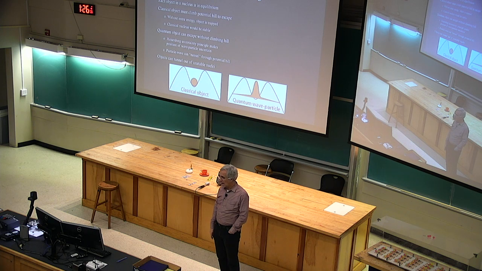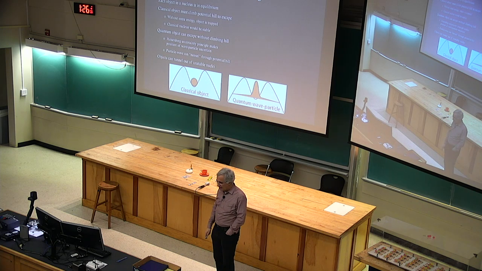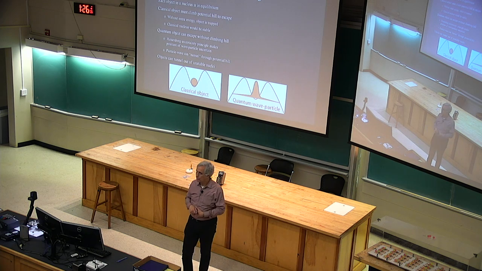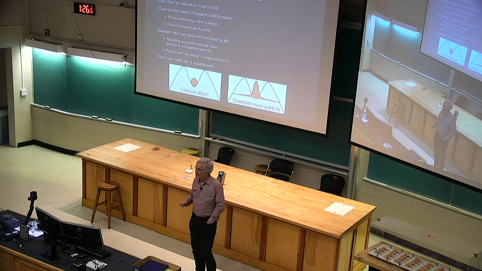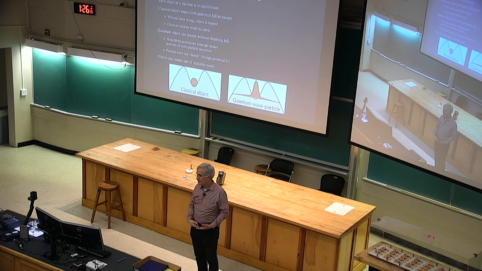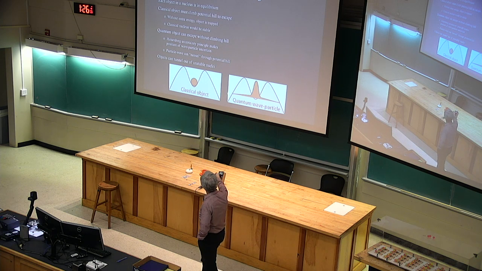So if you find it, it's not literally inside the well. It would be found up here. If you found it there, it would have to have more energy than you thought it had to climb out gravitationally. But it has the possibility of getting through what's called a potential barrier, going beyond a place where it's not allowed to be, classically, and ending up in another place where it is allowed to be classically.